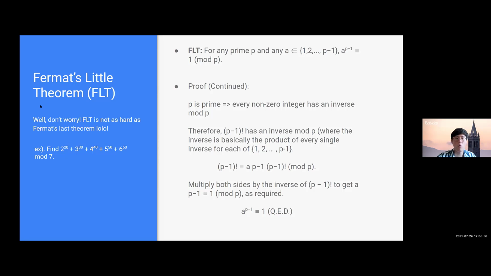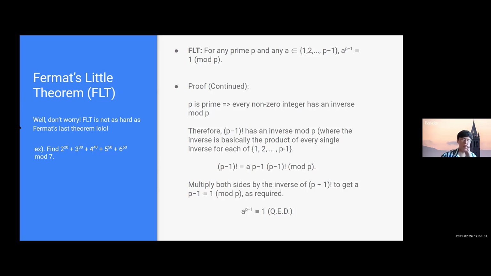Oh, all right, cool. Someone just mentioned that 2 to the power of 6 is congruent to 1 over mod 7 due to FLT. Yeah, and it is correct. Thanks for sharing that. So P minus 1 here is basically 6. So you can think of each of 2 to the 6, 3 to the 6, 4 to the 6, 5 to the 6, and 6 to the 6 as congruent to 1 over mod 7.